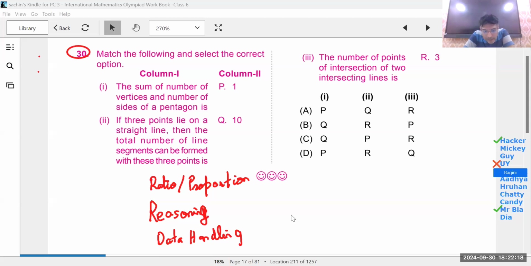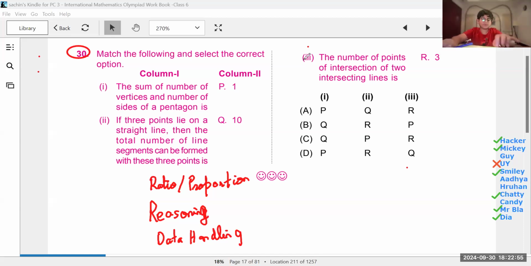So who all said reasoning? Aroda ji and who else? Candy. Who all said ratio proportions? Hacker and Miss Tia. So who were the mistakes?